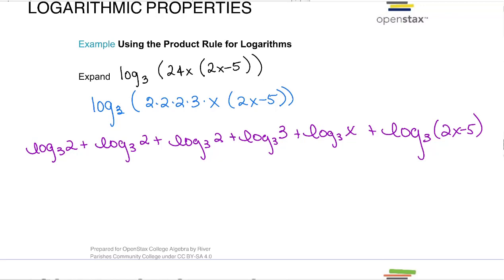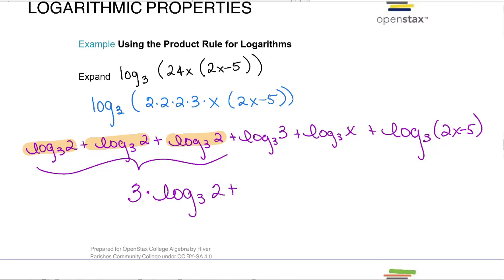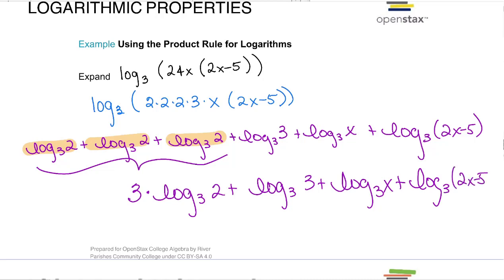Now, you can look at log base 3 of 2. There's 3 of them, so we can rewrite that as 3 times log base 3 of 2. And then just go ahead and add the rest, plus log base 3 of 3, plus log base 3 of x, plus log base 3 of 2x minus 5. And that is our final answer.